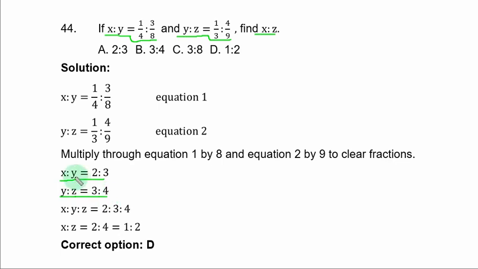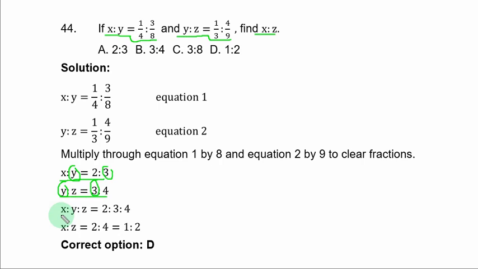Now we have to find s ratio z. That means you need to make y the same, and y is already the same. You have 3, 3. They are the same.